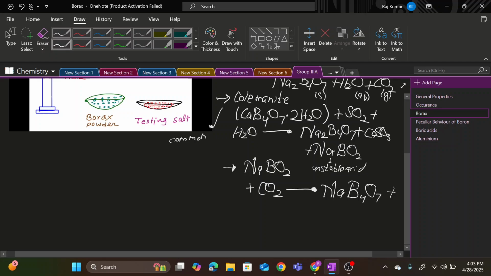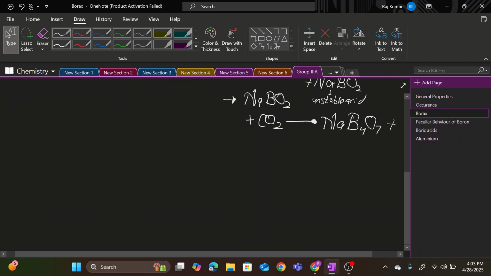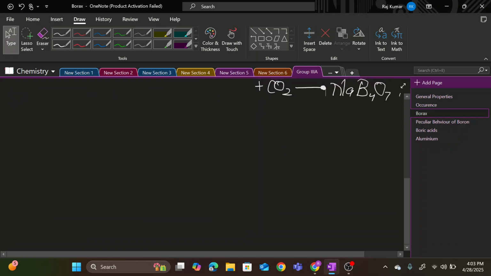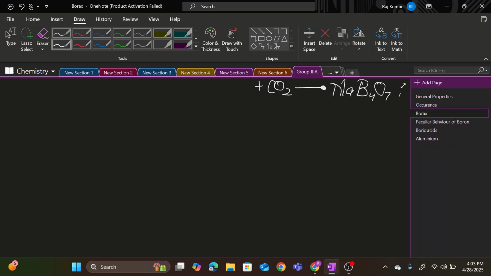And then we have another part, where we have the properties of borax.